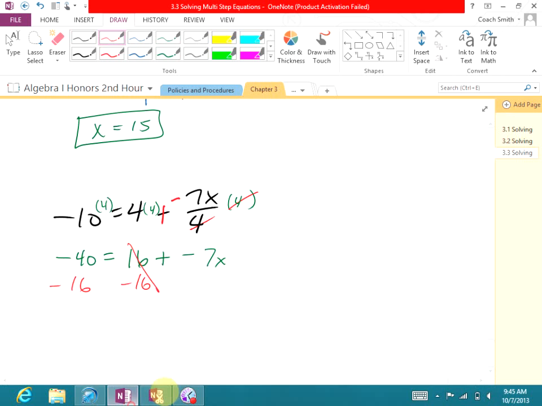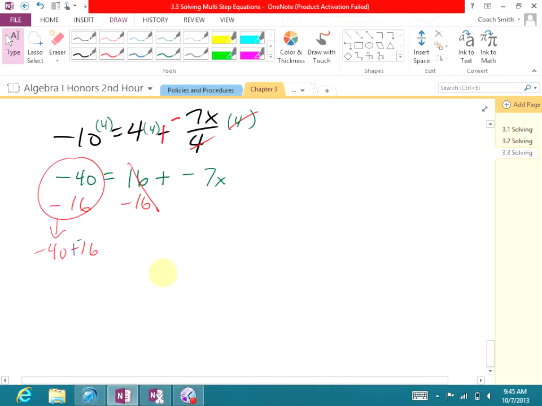Now, remember, this here is negative 40 minus 16, which means plus a negative. So that gives me negative 56 is equal to negative 7x. Now I just divide by negative 7 to both sides.